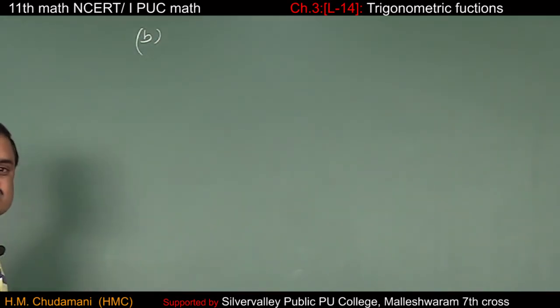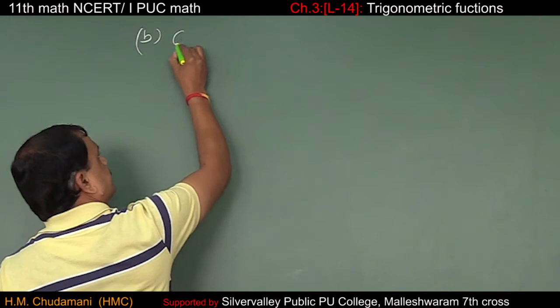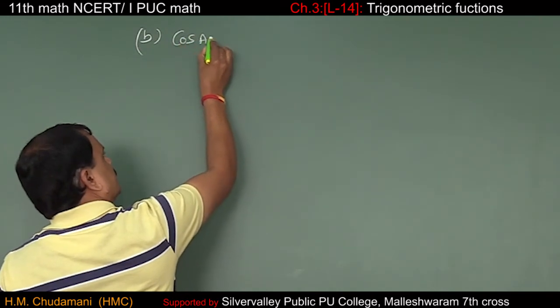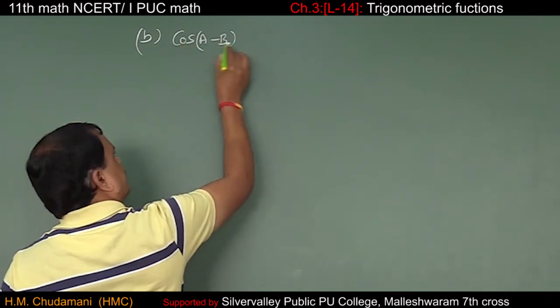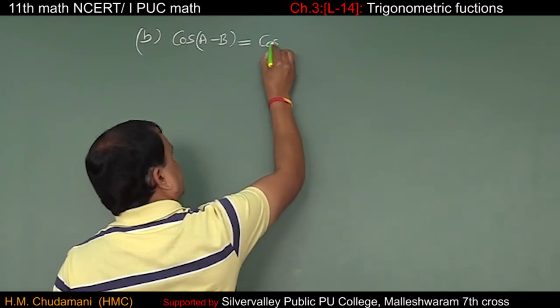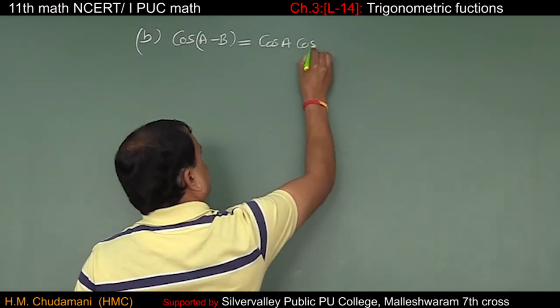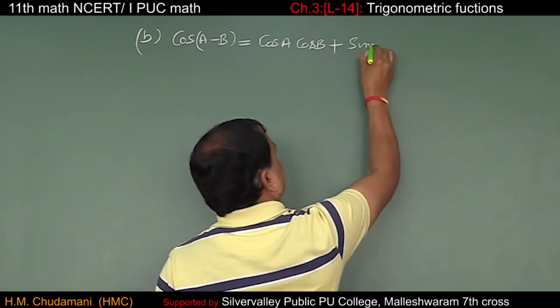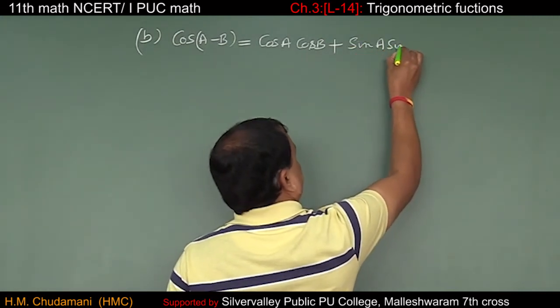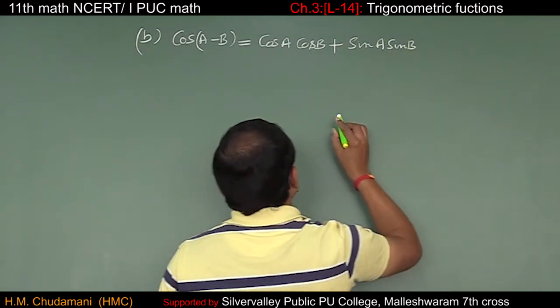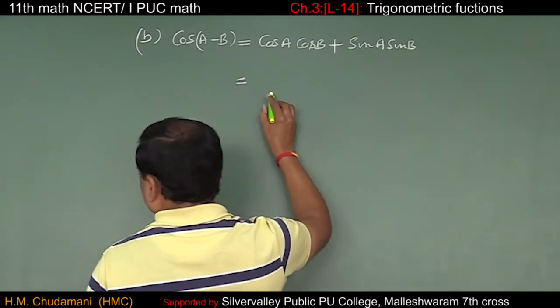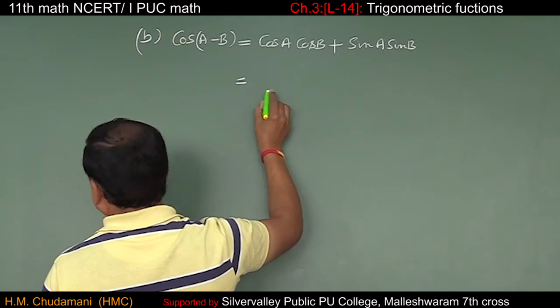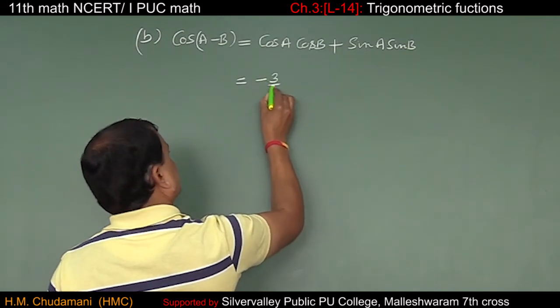Now cos of A minus B. We have the formula for cos of A minus B as cos A cos B plus sin A sin B. Look at cos A. Cos A is minus 3 by 5.